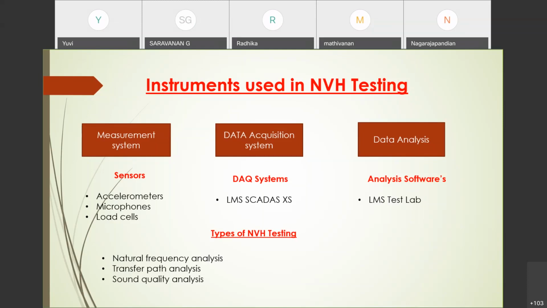Next is transfer path analysis. What is transfer path analysis? In the vehicle, there are many vibrating sources. The engine is one of the main vibrating sources, and the tire and road condition excite vibration. The imbalance of the propeller or drive shaft can create vibration in the vehicle, and the exhaust system can cause vibration because of the flow of gases.